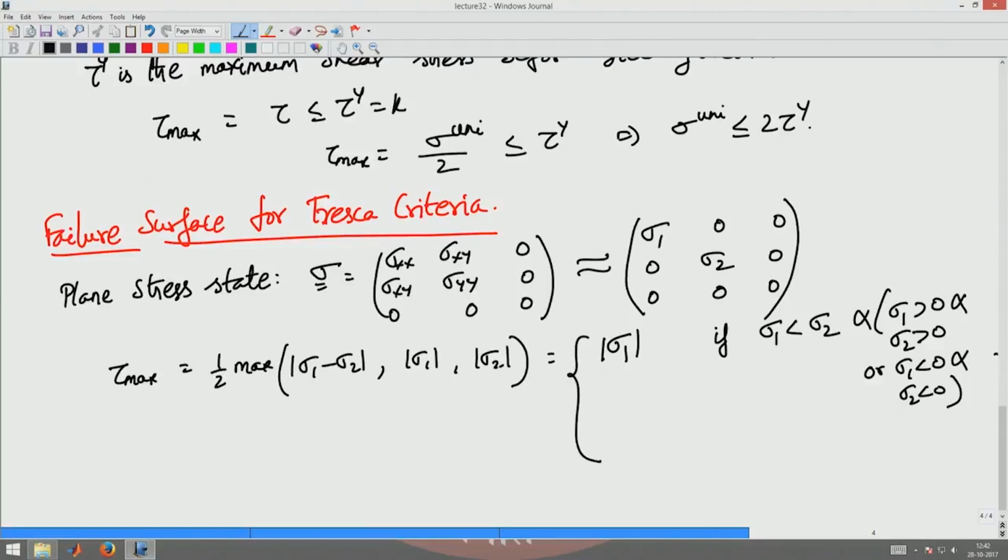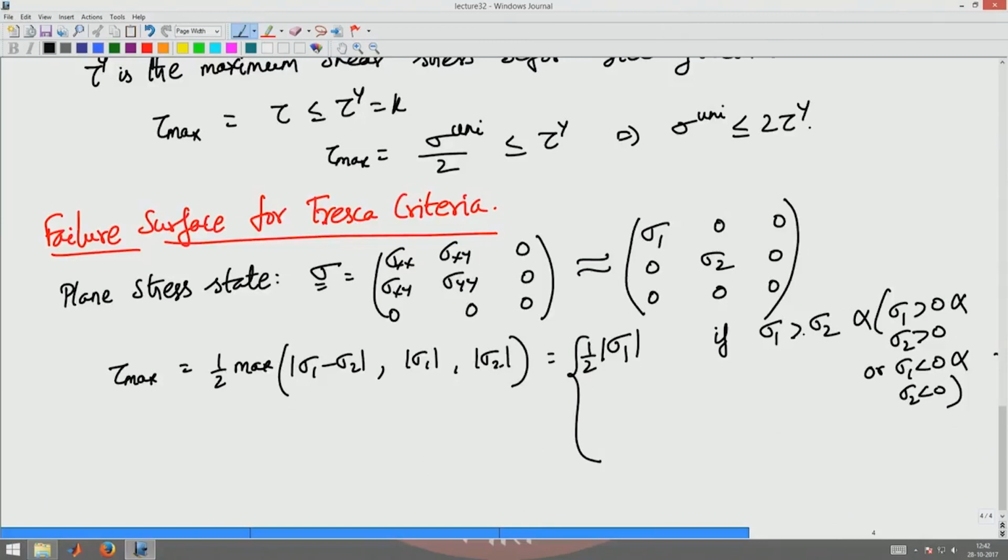When sigma 1 is positive and sigma 2 is positive, sigma 1 minus sigma 2 will be lesser than sigma 1 or sigma 2, because I am subtracting two positive numbers. So, whichever is greater will be the value of the maximum stress there, 1/2 of that maximum stress.